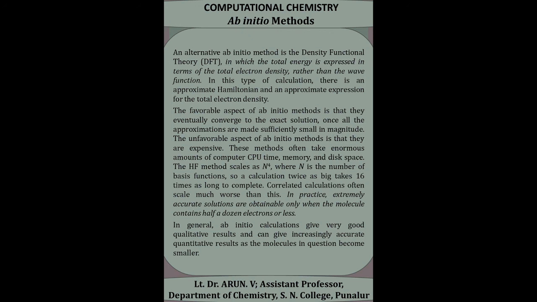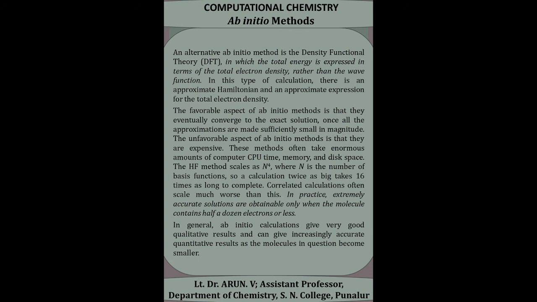The favorable aspect of ab initio methods is that they eventually converge to the exact solution once all the approximations are made sufficiently small in magnitude. The unfavorable aspect of ab initio methods is that they are expensive. These methods often take enormous amounts of computer CPU time, memory and disk space. The Hartree-Fock method scales as N to the power 4, where N is the number of basis functions.